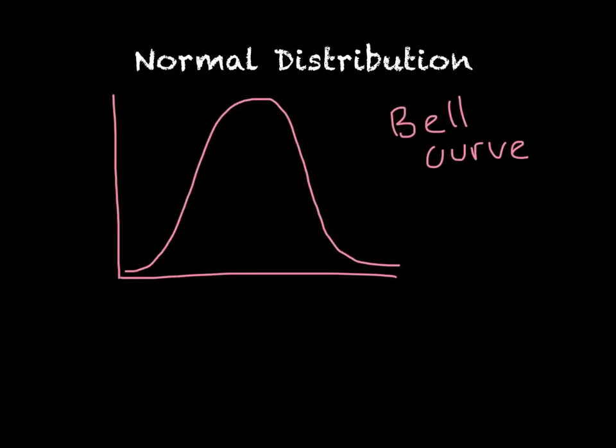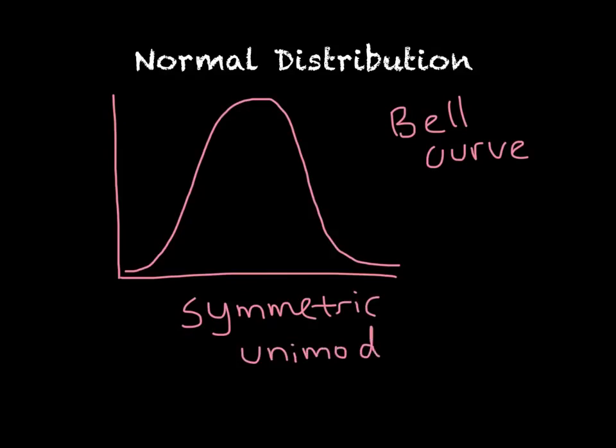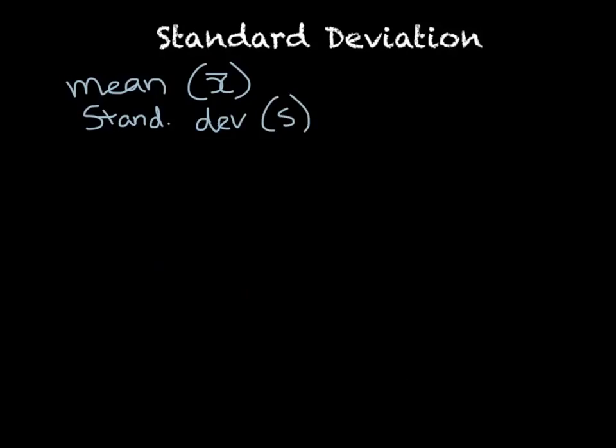It is always symmetric and unimodal. A normal distribution can be described by two parameters, the mean, or x bar, and the standard deviation, which I will represent with an S.